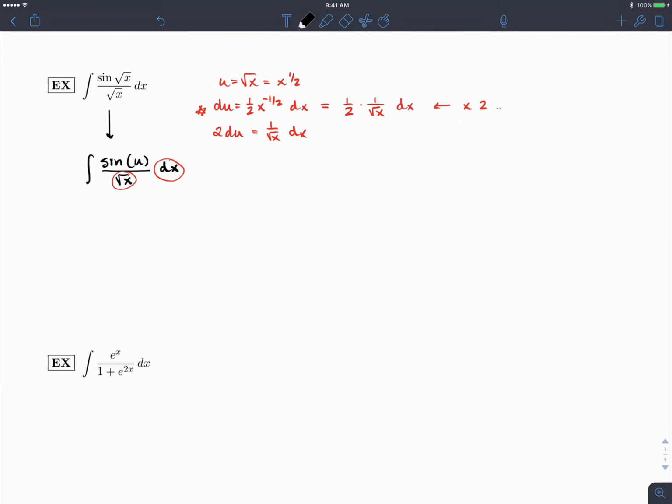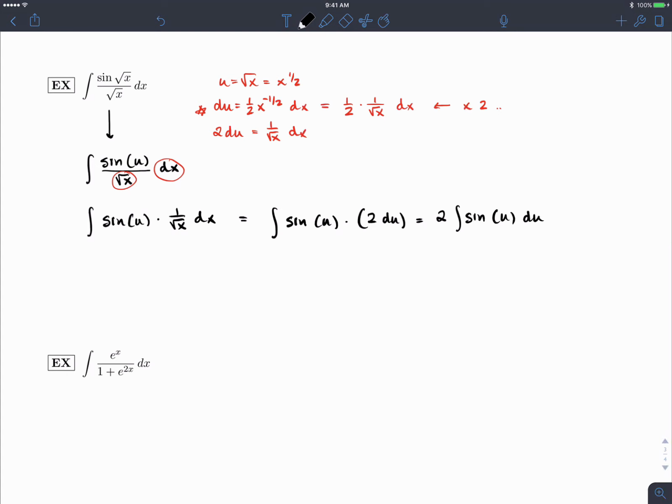And if you still can't see it over here, remember that this is just the sine of u times 1 over the square root of x dx. And now we can replace this with a 2 du. So we've got the integral of sine of u times 2 du, which is just 2 times the integral of the sine of u du.